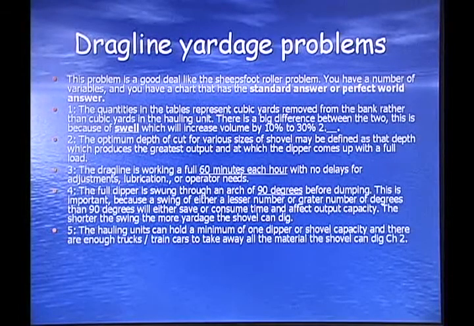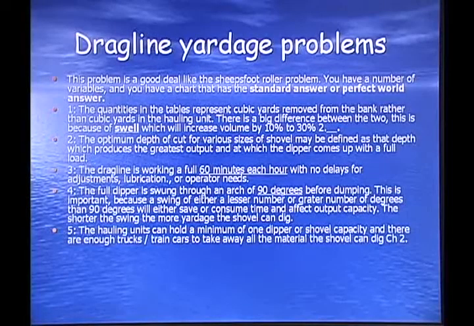The full dipper is swung through an arc of 90 degrees, like this, before dumping. This is important because a swing of either a lesser or greater number of degrees than 90 will either save or consume time and affect output capacity. The shorter the swing, the more yardage the shovel can dig.